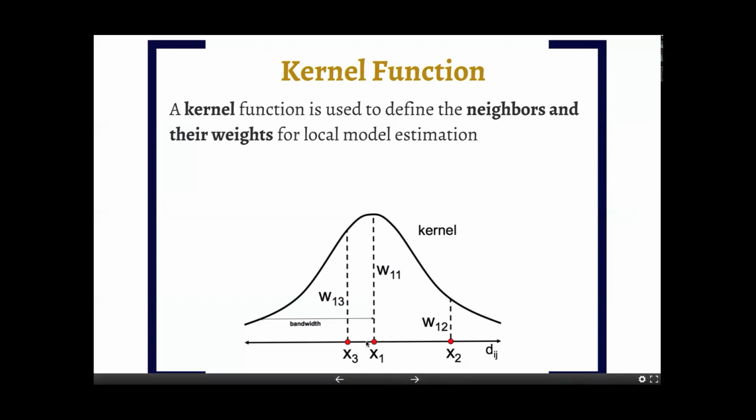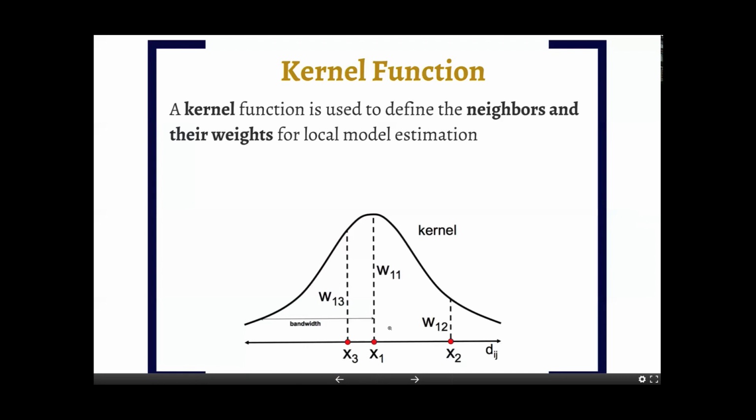For example, in this case, if we consider X1, the number 1, to be the target feature, number 3 will have a stronger influence compared with number 2. So basically the W here means the weights. And also essentially you're defining something called a bandwidth. And the bandwidth essentially is the distance band.